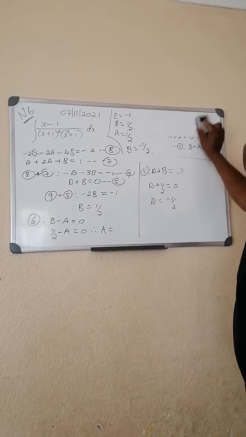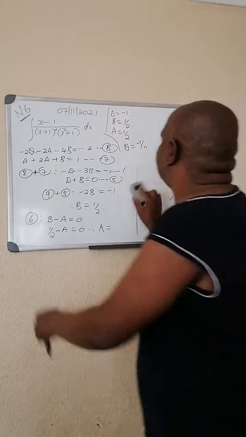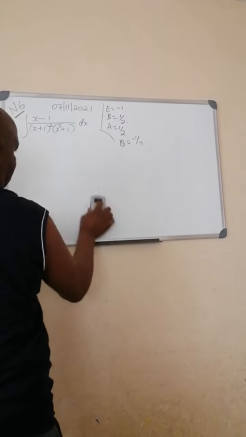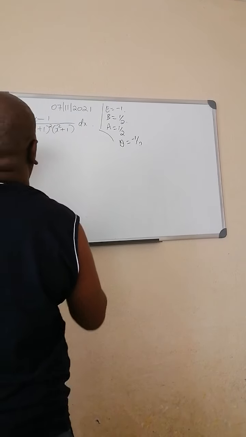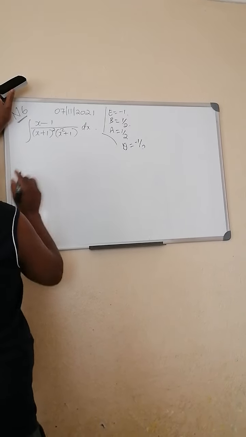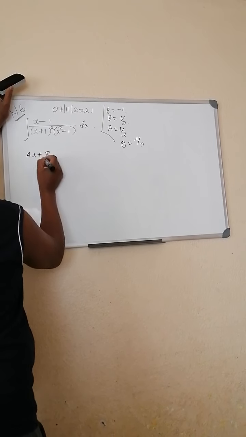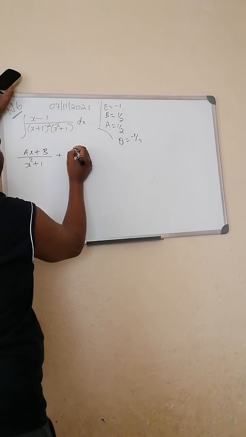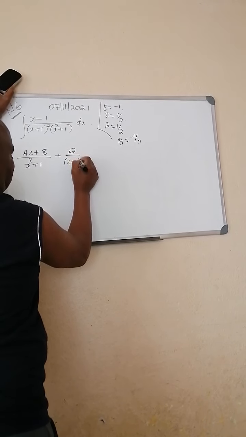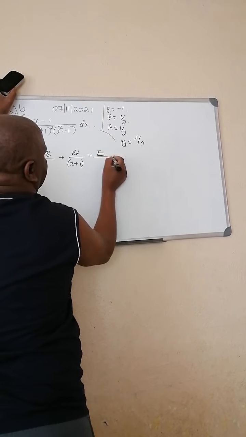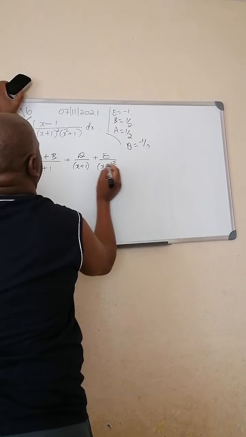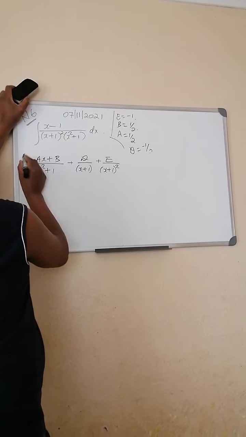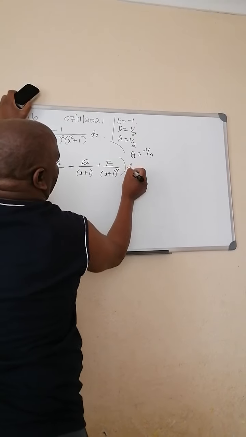So we have these values now. After having calculated these values, we think back and remember we have (ax plus b) over (x squared plus 1) plus d over (x plus 1) plus e over (x plus 1) squared. This is what we must integrate.